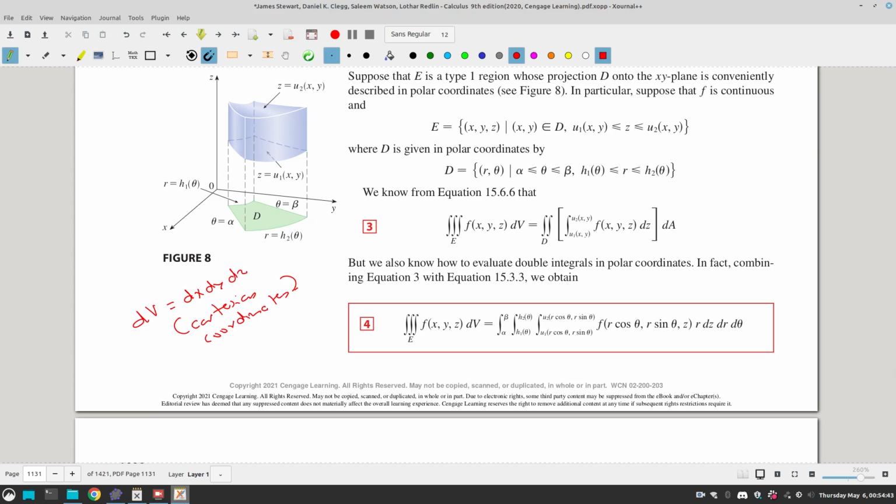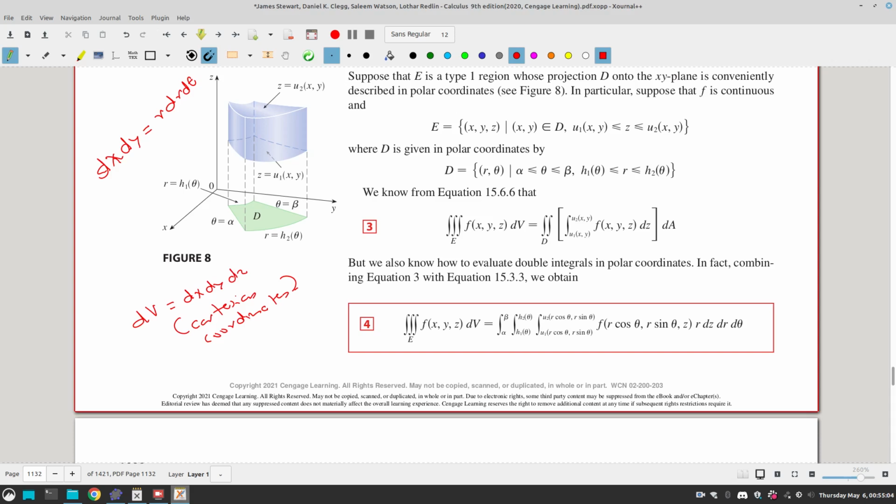Now dx dy, remember, in polar coordinates we found out that this could be expressed as r dr d theta, right? In polar coordinates, dx dy could be expressed as r dr d theta, and dz remains the same in Cartesian and in polar coordinates.